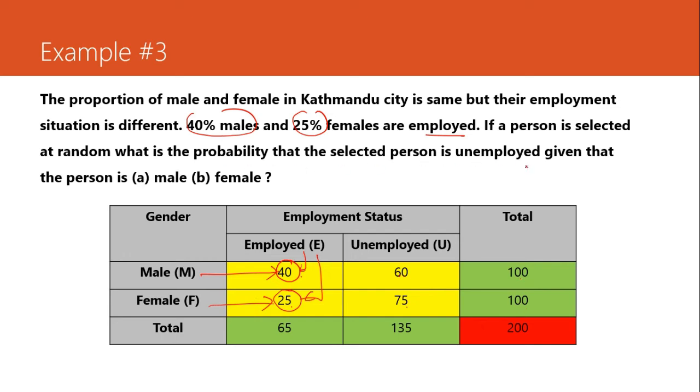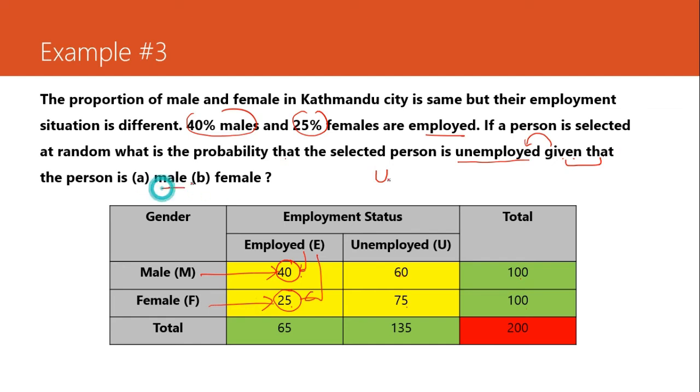Read one more time the question. What is the probability that the selected person is unemployed? We have to calculate the probability of unemployed. Don't forget. This is slightly different from the previous question. Then given that the person is male, in the previous video I explained whenever the word given that is used, the event that comes before given that is written on the top and the event that comes after given that is written at the bottom.